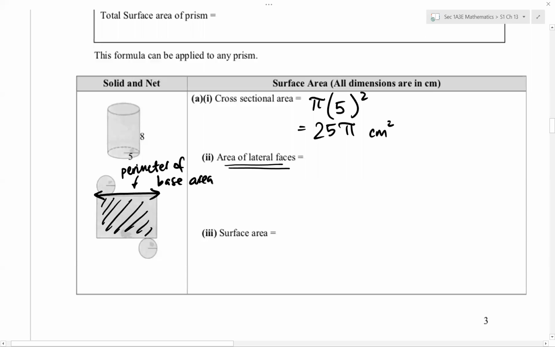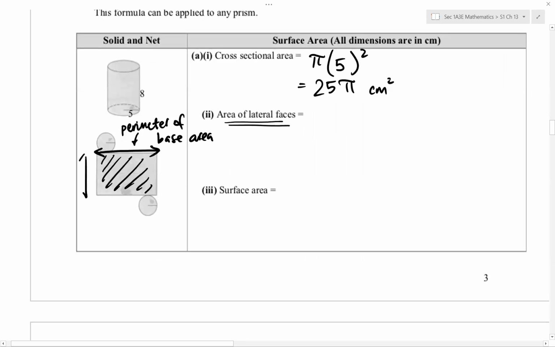Can you see that? When you unwrap the wrapper from your water bottle, the length of the rectangle of the wrapper has the same distance as the perimeter of the base. And this height is the height of the prism.